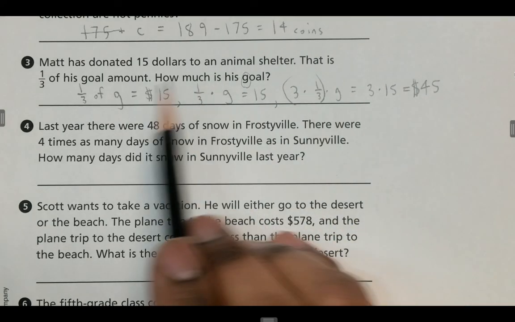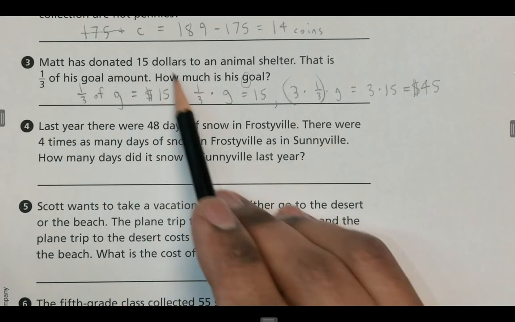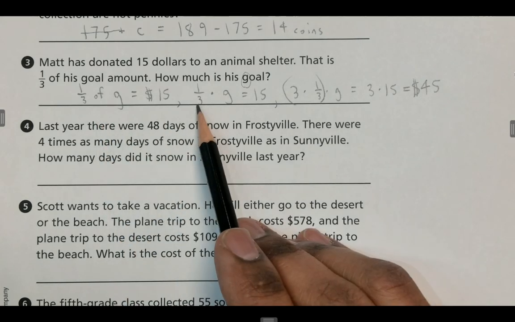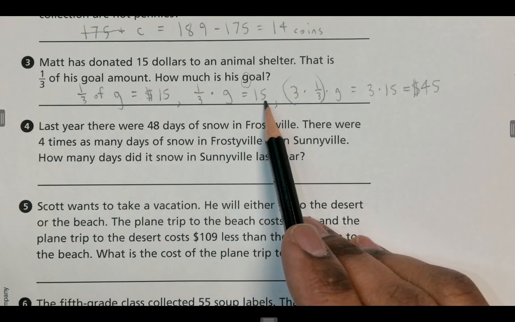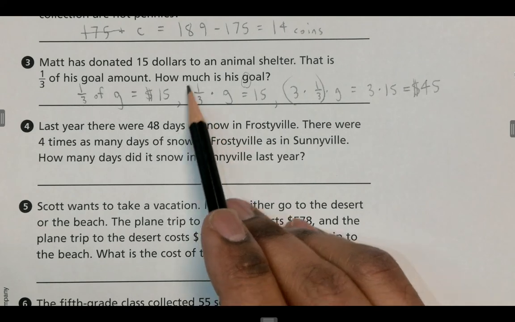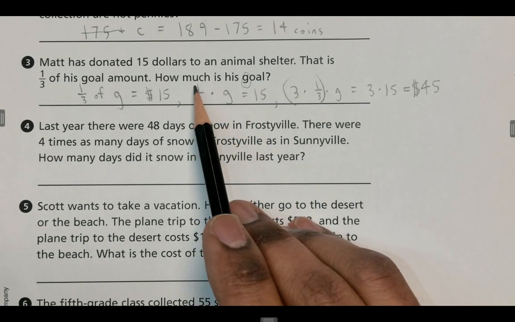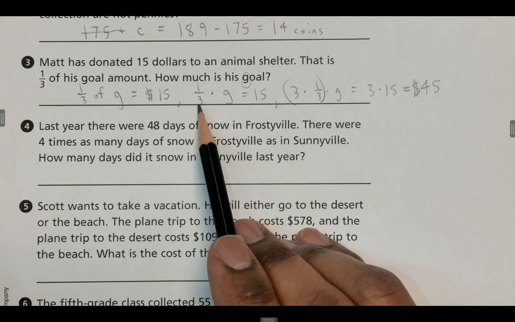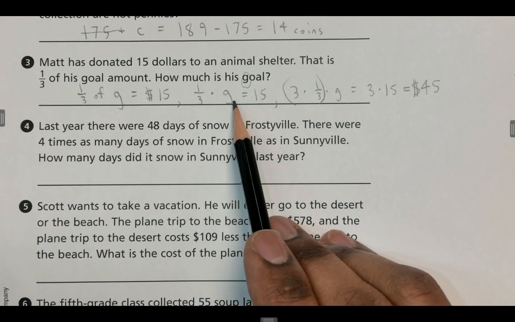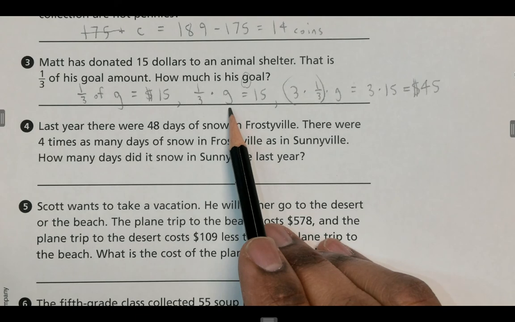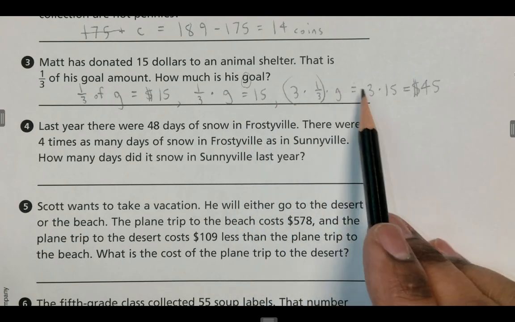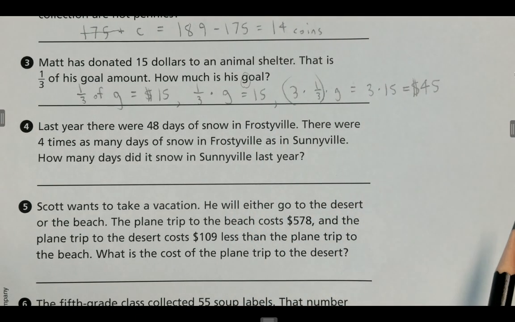Let me rewind that. Our original equation showed 1/3 multiplied by G equals 15. I can multiply both sides of this equation by 3 to get 3/3 times G, or whole number 1 times G, or just plain old G equals 15 times 3, $45 is my answer.